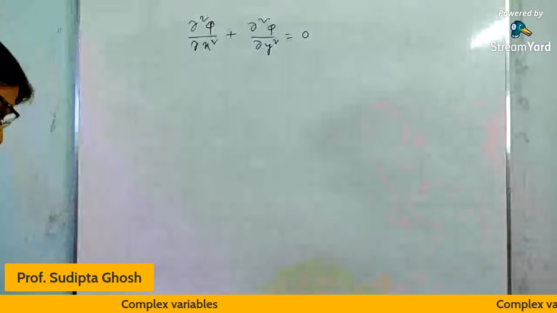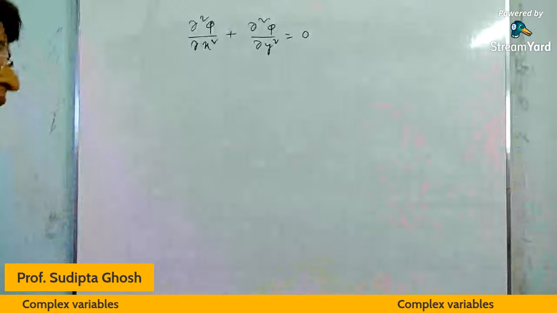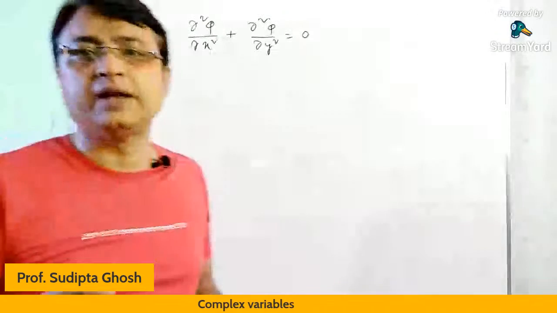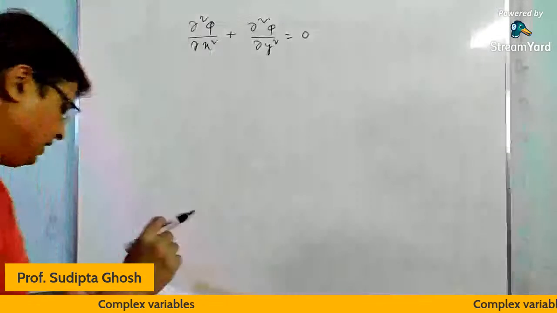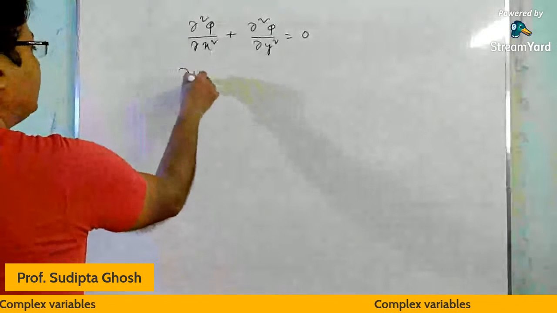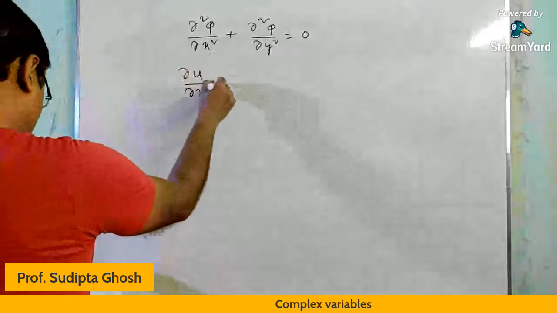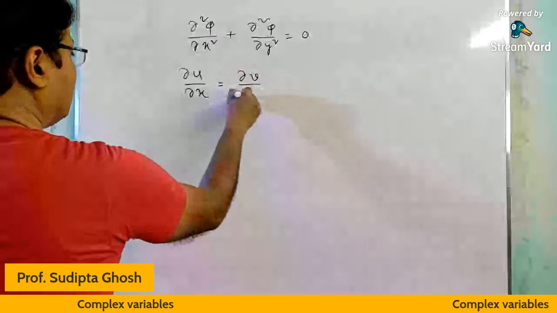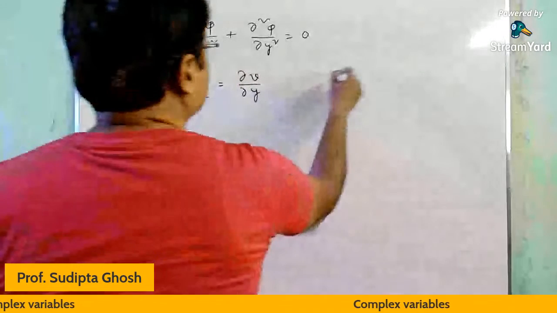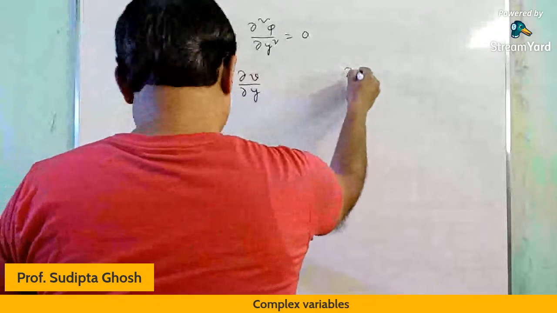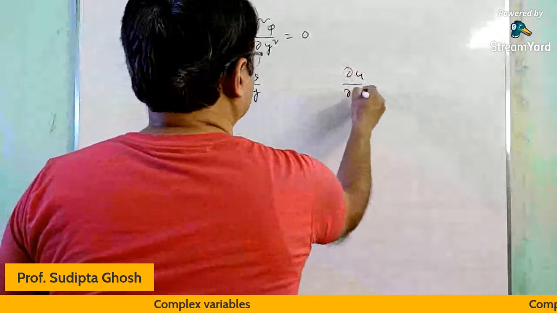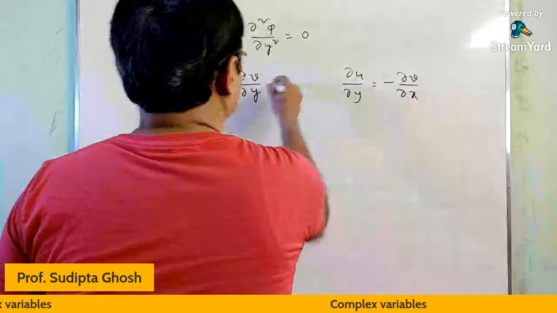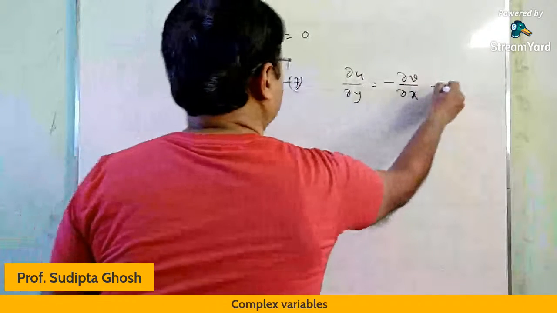To prove this, let's start with equations 7 and 8, that is the Cauchy-Riemann equations. In equation 7, we have del u/del x equals del v/del y, and in equation 8 we have del u/del y equals minus del v/del x.